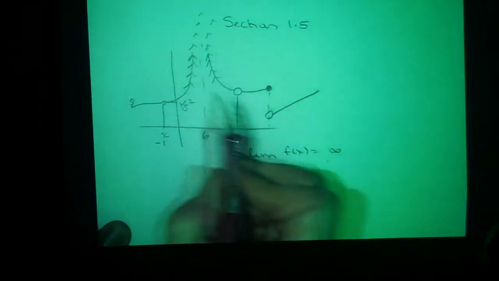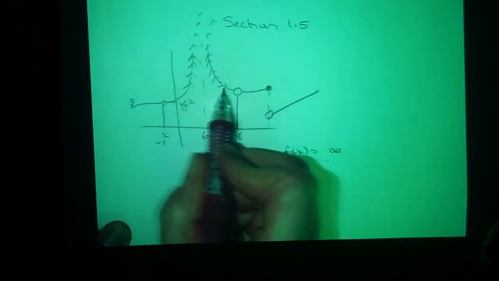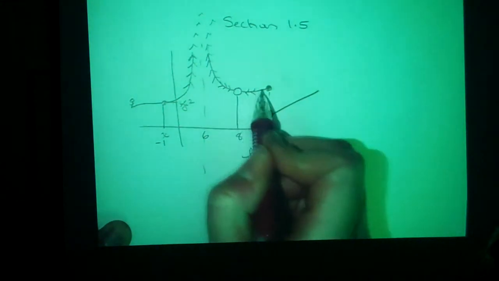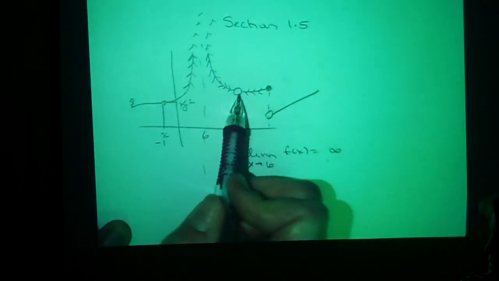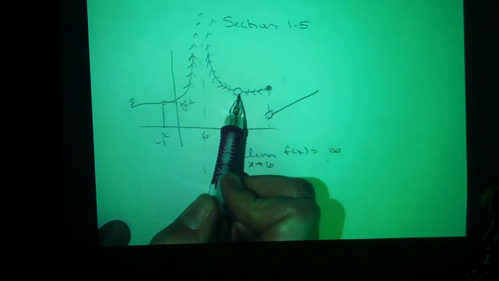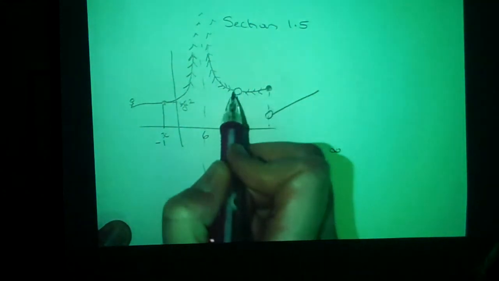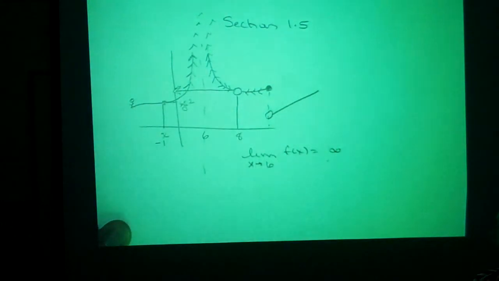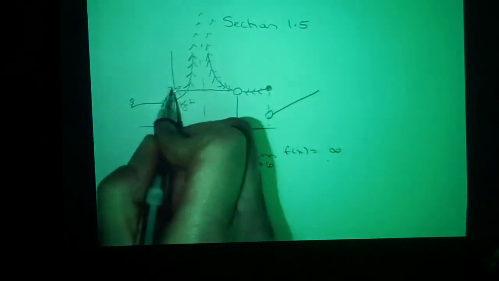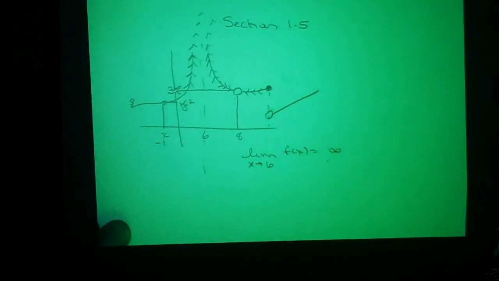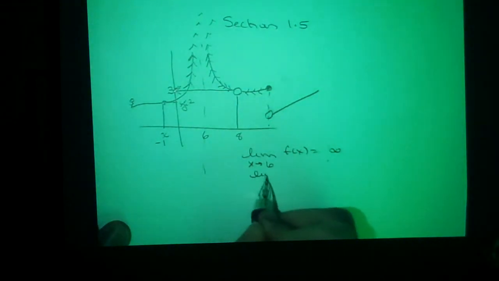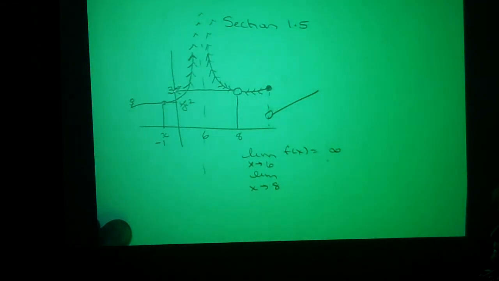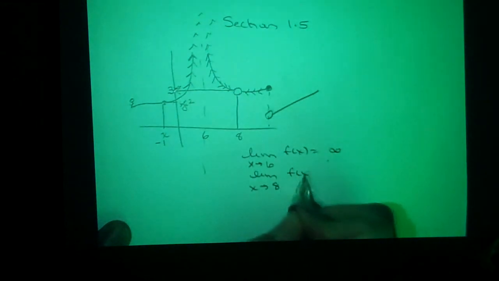Well, if I'm on the curve and I come at the value 8 on the x-axis from the left or the right, I can't quite get there because it's a hole, but I can get as close as I possibly can. And the limit will be whatever this function value is on the y-axis. So let's say that's the number 3. I would say the limit as x gets closer and closer to 8 from either the left or the right is 3.